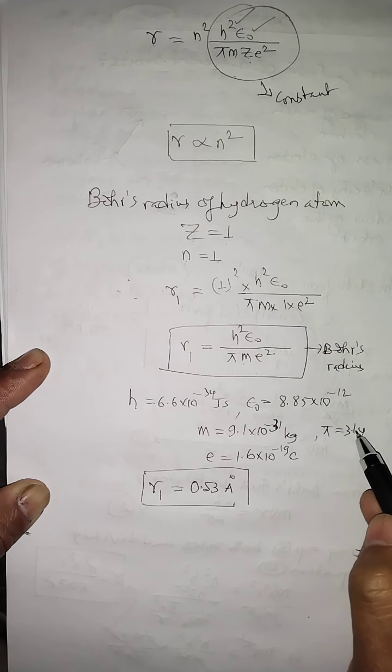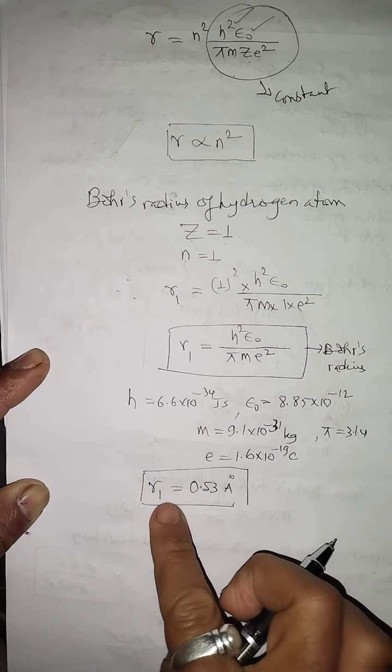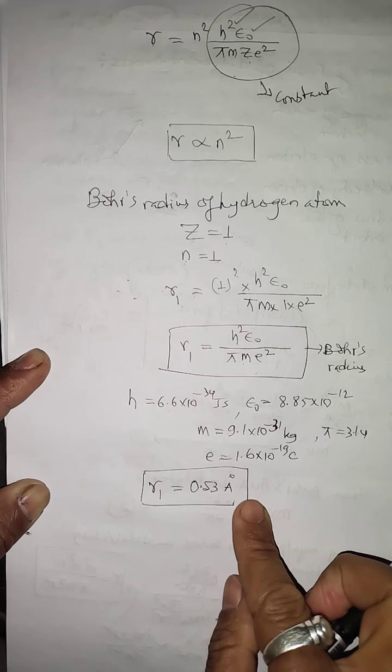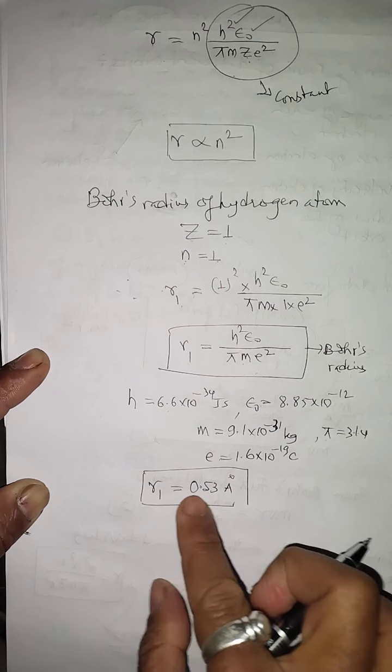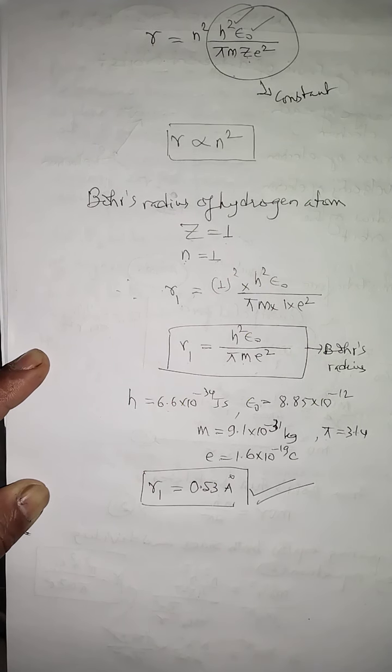Substitute pi equals 3.14, h, epsilon naught, m and e in the relation, and calculate the radius in Angstrom. You measure nearly 0.53 Angstrom. So this 0.53 Angstrom is the Bohr radius of the hydrogen atom. This is for the first orbit of the hydrogen atom.